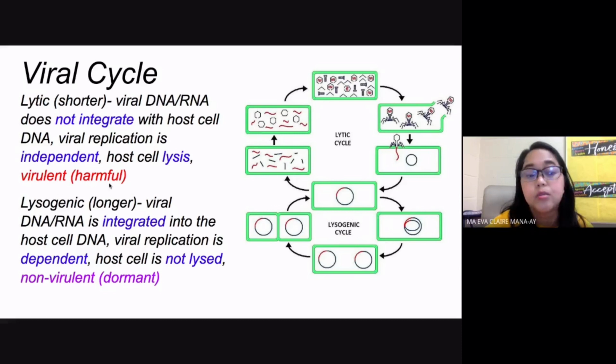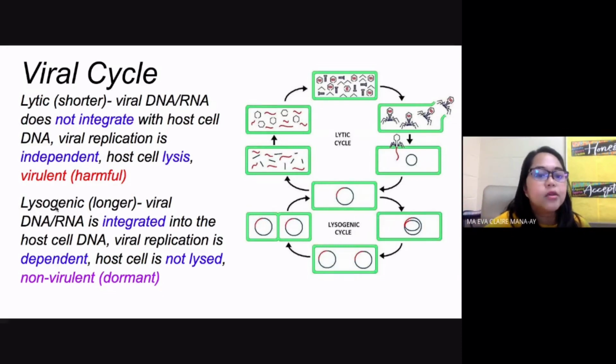It's more harmful because what happens here again is that your virus is making copies of itself independent of the host cell's DNA. It does not use the DNA of the host cell, and so it does not really care about the host cell. It kills the host cell at this point. So lytic is shorter, but it's more harmful. It does not use the DNA of your host cell.